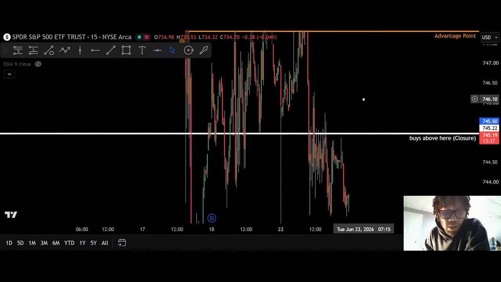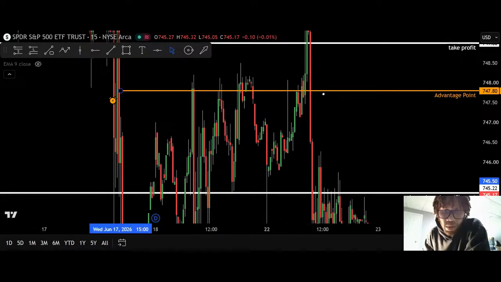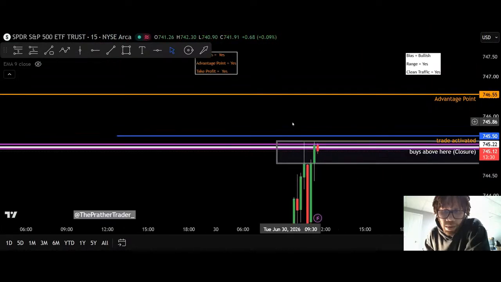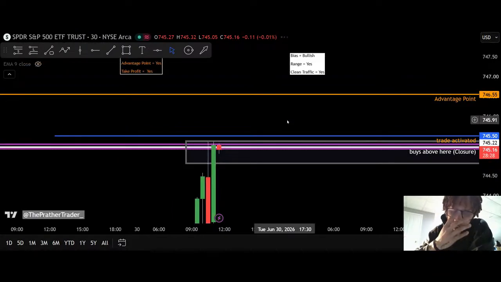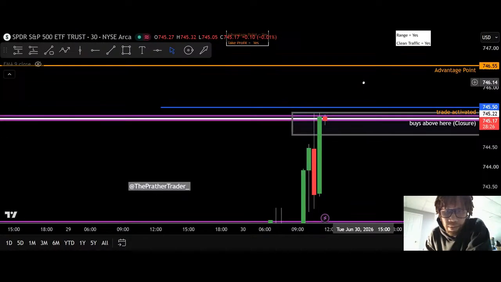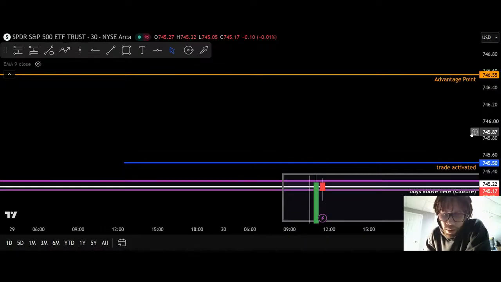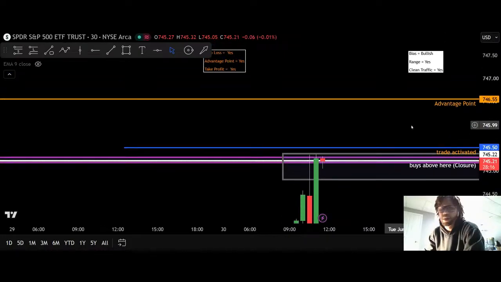Got a close above. Kind of wanted a steeper lower wick than that.